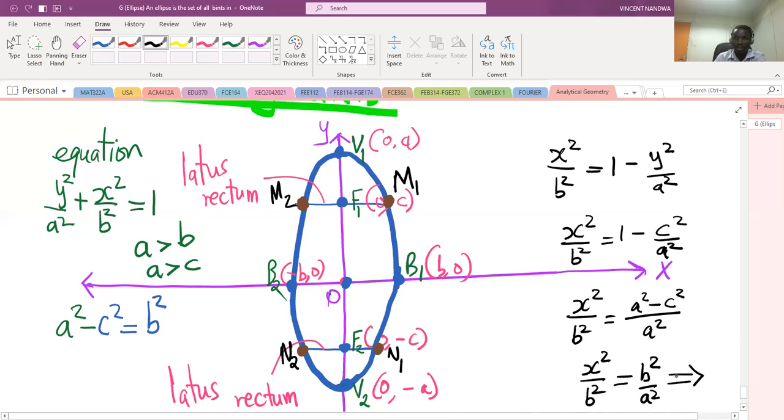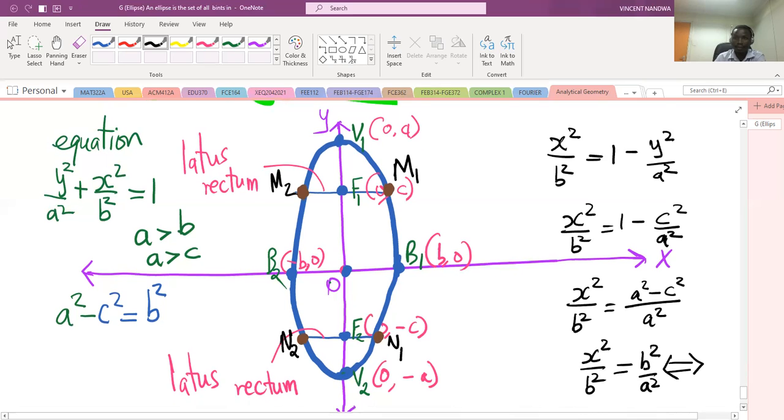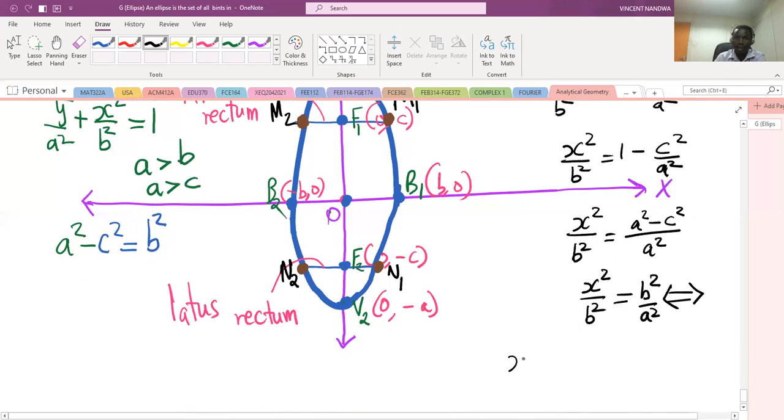Solving this, x squared is b to the power 4 over a squared, and getting the square root on both sides, x will be plus or minus b squared over a.